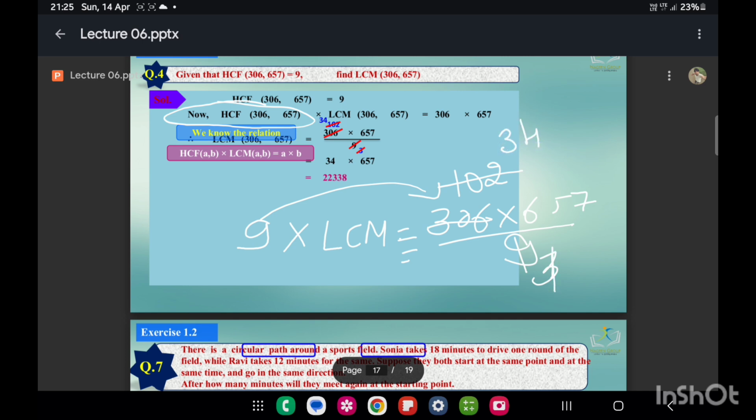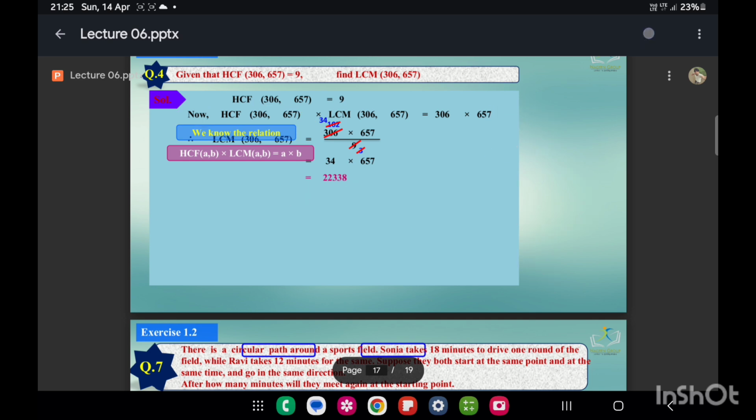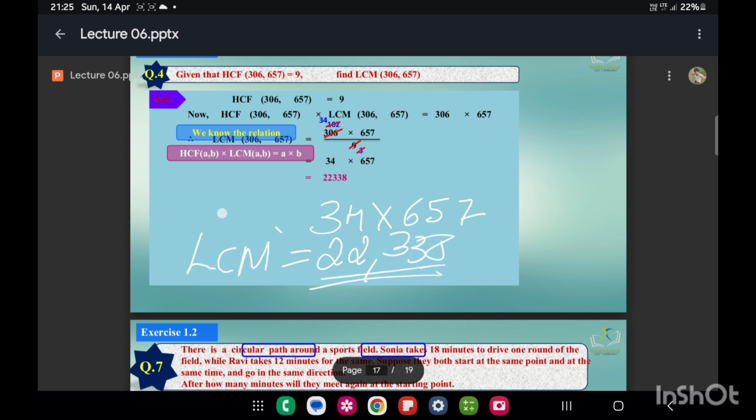So 34 into 657, and you will get 22,338. This is the LCM of 306 and 657.